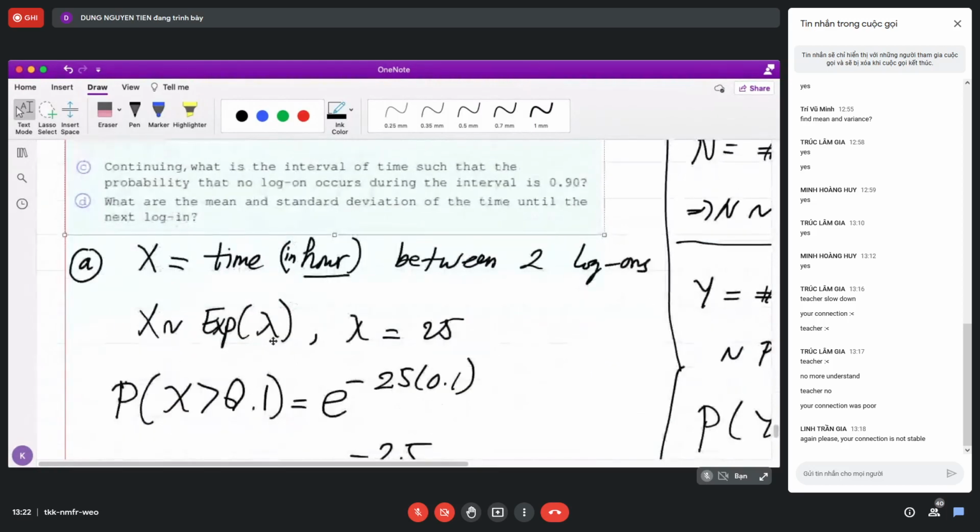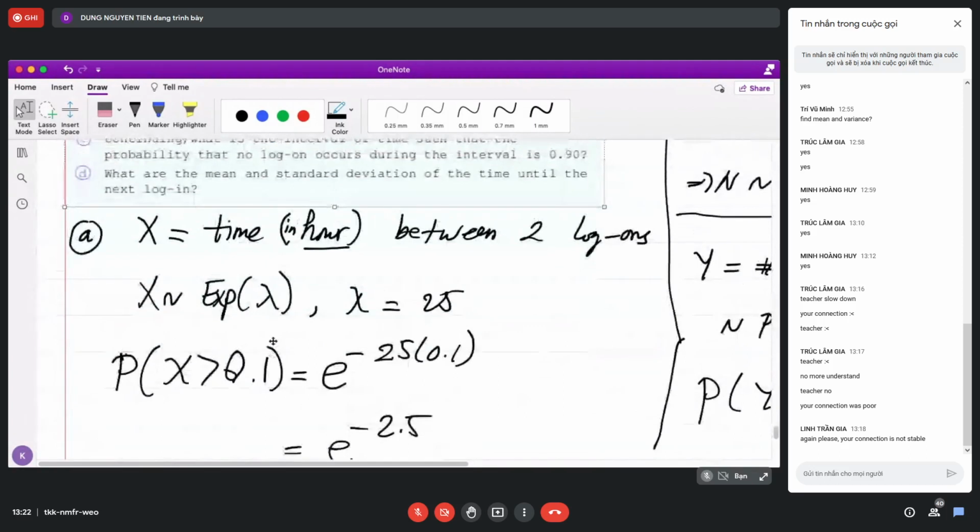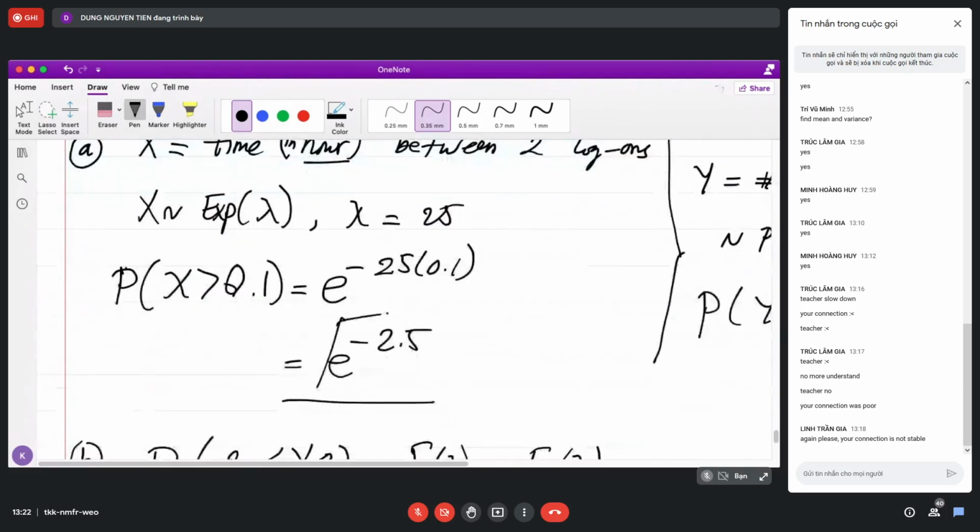And then you can find the probability. You want to find the probability that there are no logons in 6 minutes. It means that the waiting time is more than 6 minutes, right? So that is the probability that x is greater than 0.1. And then you get the exponential of minus 25 times 0.1, and you get exactly the same thing.